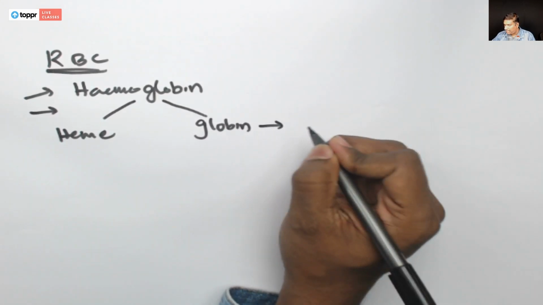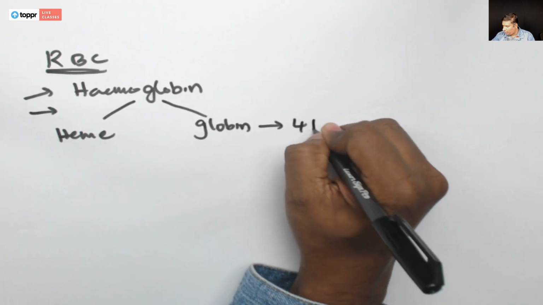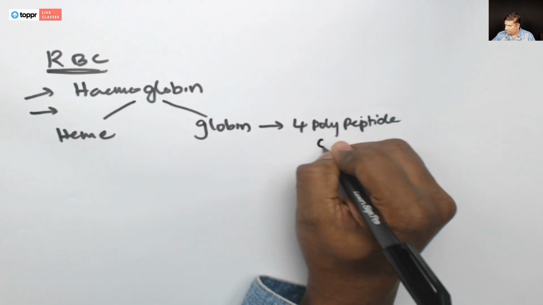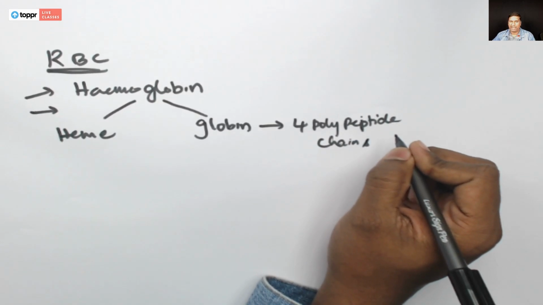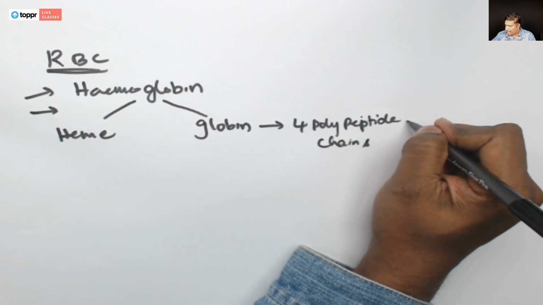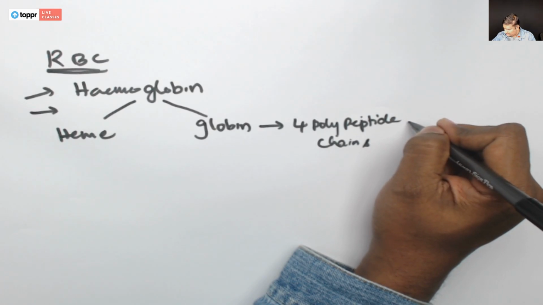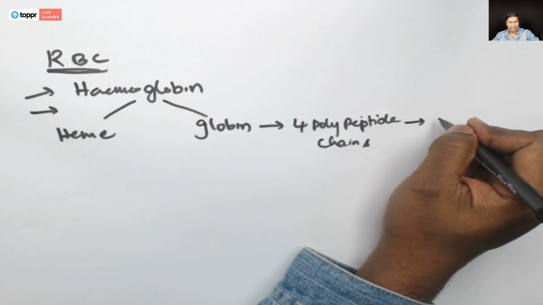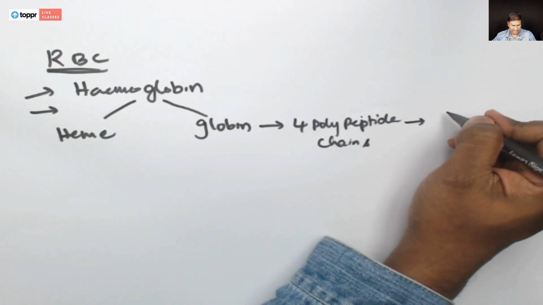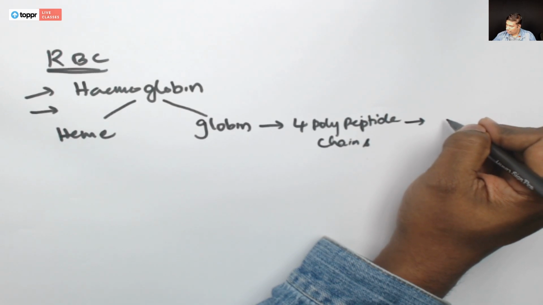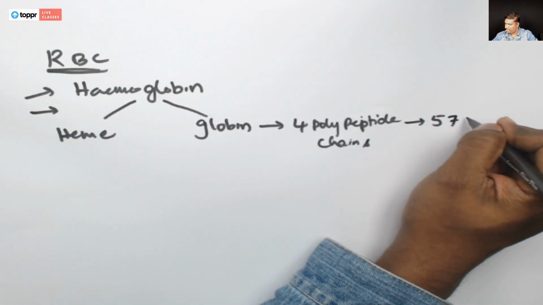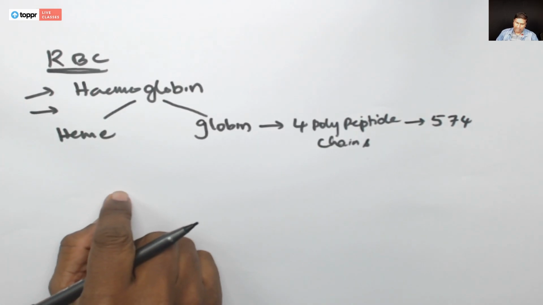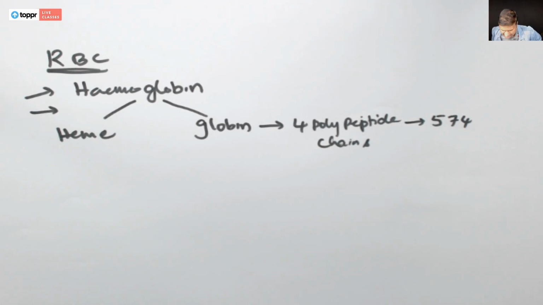The globin part is actually made up of 4 polypeptide chains, 2 alpha and 2 beta, and these 4 polypeptide chains are made up of a total of 574 amino acids.